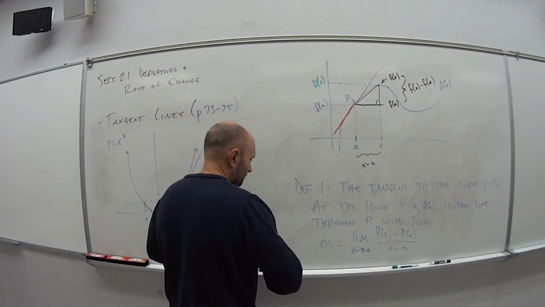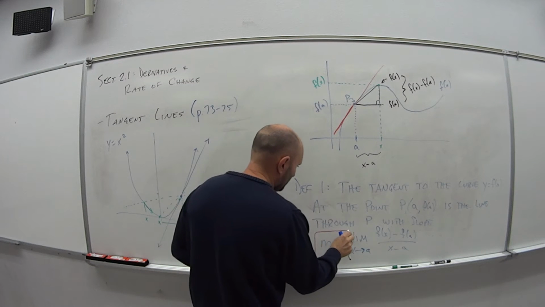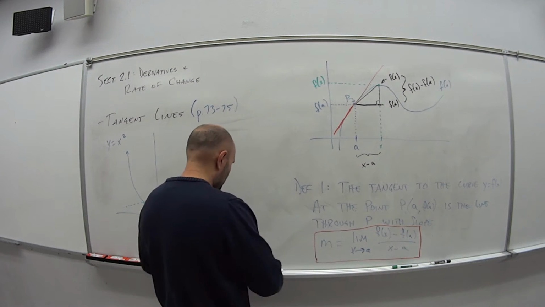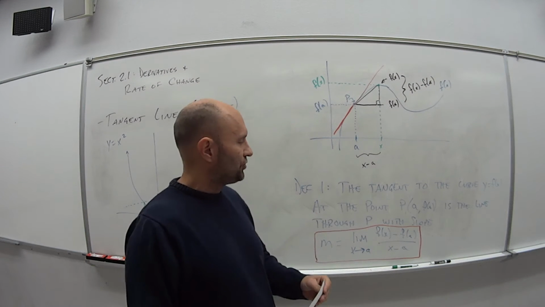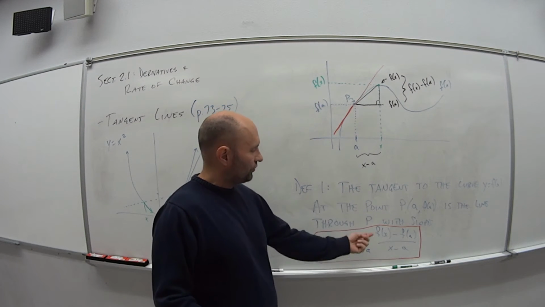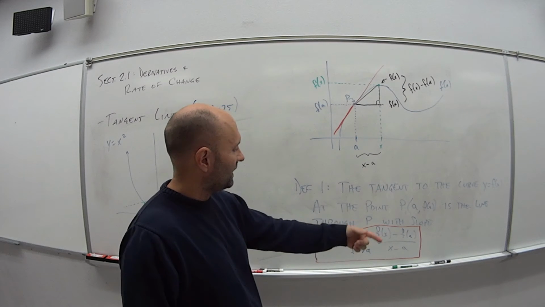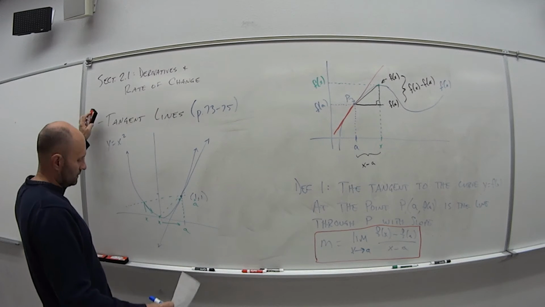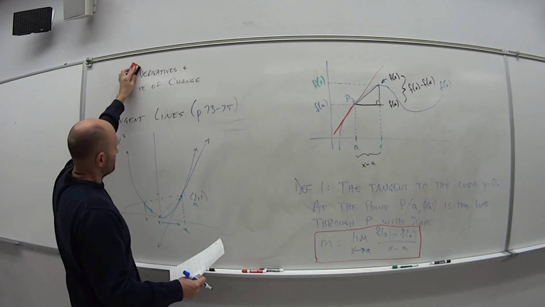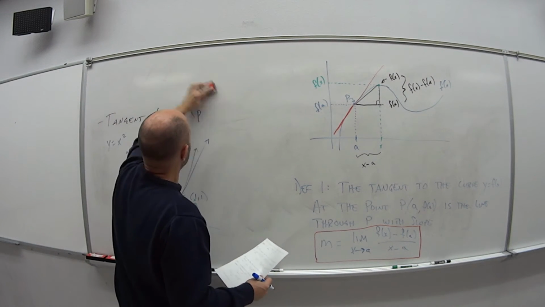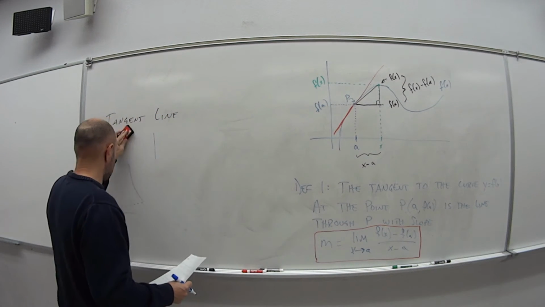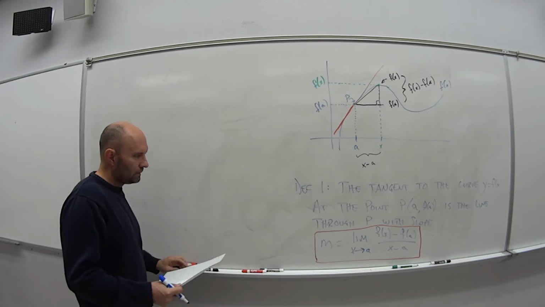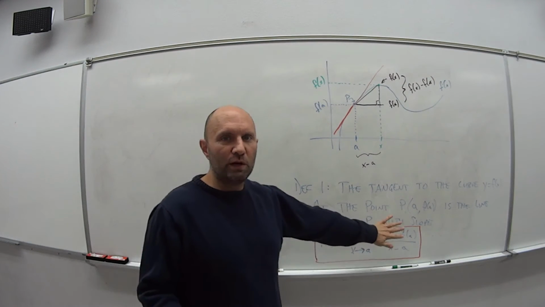So this is, at least for the moment here, and I'm going to simplify it or redefine it in a second, but if we want to know the slope of a tangent line, it's the limit as x approaches a of f of x minus f of a all over x minus a. So now let's rewrite this guy.